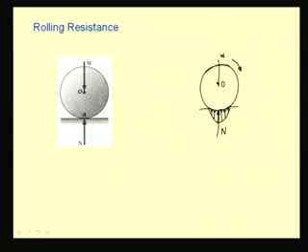So, what happens? The contact that is there in this vicinity experiences a compression because of this wheel. We are assuming the ground as well as the wheel to be constituting of materials which are deformable under the action of these forces.